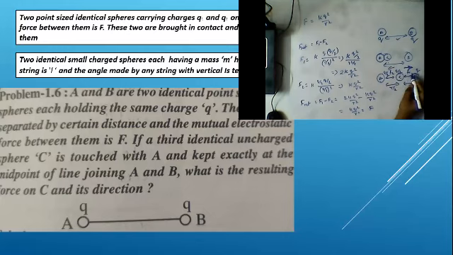Okay, the force exerted, what is this value, guys?